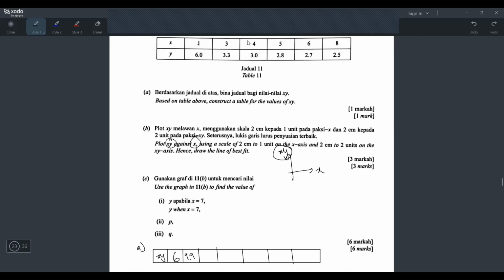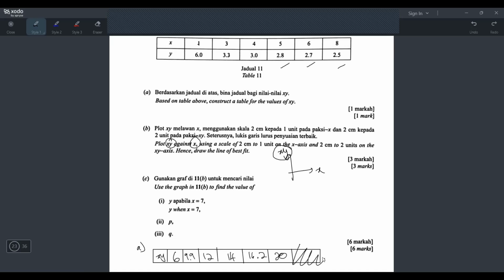And then the next one is 4 times 3, which is 12. And then 5 times 2.8, you can press, is 14. And then 6 times 2.7, 16.2. And then the last one, 8 times 2.5. My calculator gives me 20, right? Okay, so this one is extra.